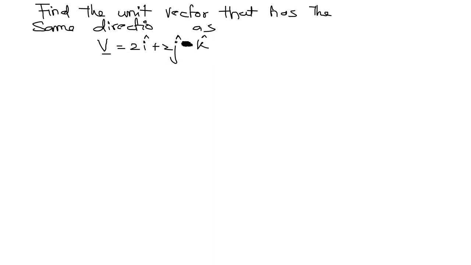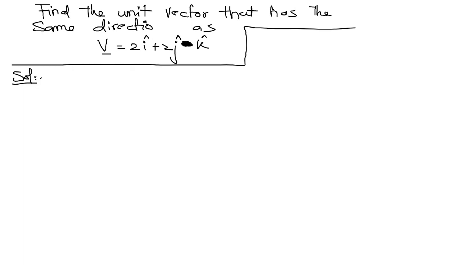So what is the first step we have to do? The vector v is given, that is 2i plus 2j minus k. You can denote this in component form. The component form of this vector is 2, 2, and minus 1, right? Is this okay?